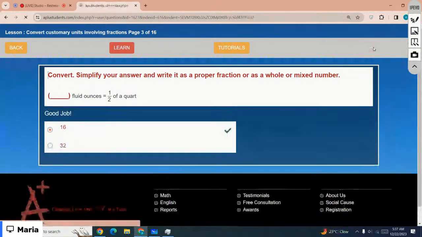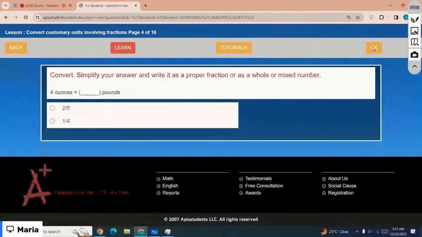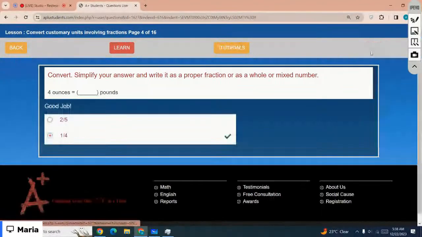Okay, the next one is ounces equal how many pounds? 4 ounces equal 1/4. The correct option is 1/4 of a pound because 1 pound has 16 ounces, right?